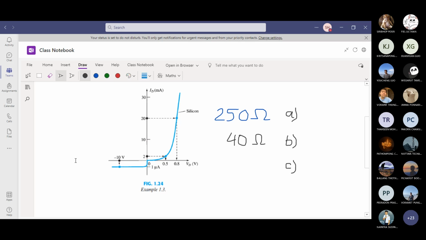Okay, Ajahn. Wait, is that micro? Microampere, yes. Wait, micro is -6, right? Negative 6. Okay.